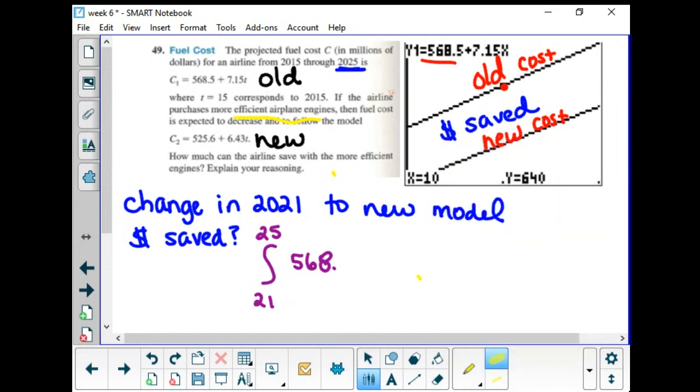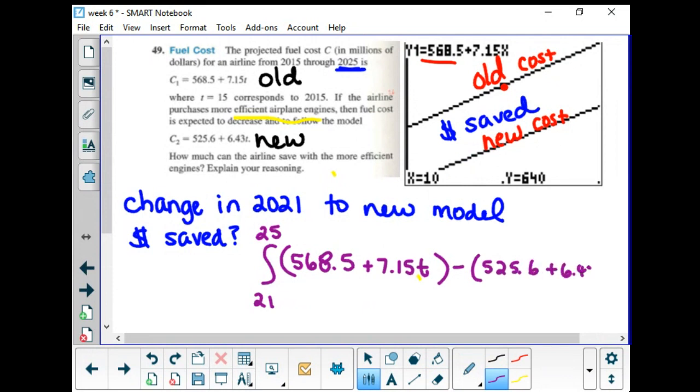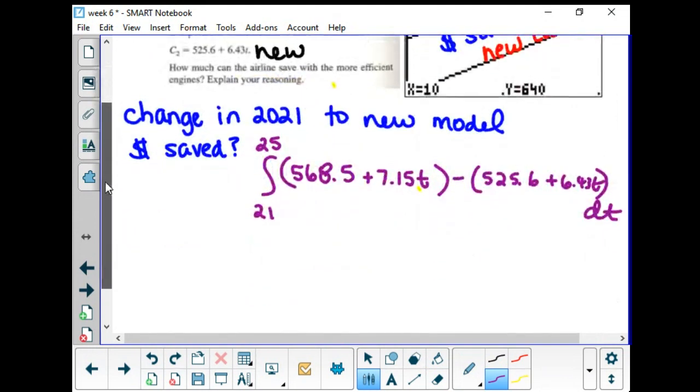And let's get my pen. Okay, so 568.5 plus 77.51 T minus 525.6 plus 6.43 T. Technically got dT there. It's more of a calculus thing than anything, but that's just sort of an indicator.